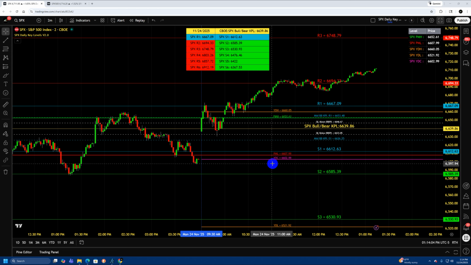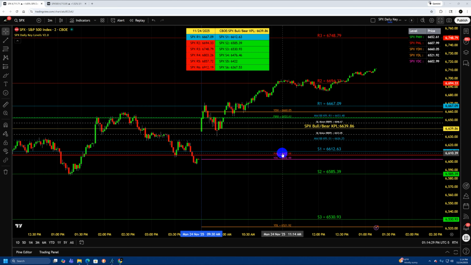These levels are also very important as far as the context of the session. So for example, for there to be any significant move to the upside, price is not only going to have to start closing above the bull bear key price level, but also start closing above and stay above the pre-market high.